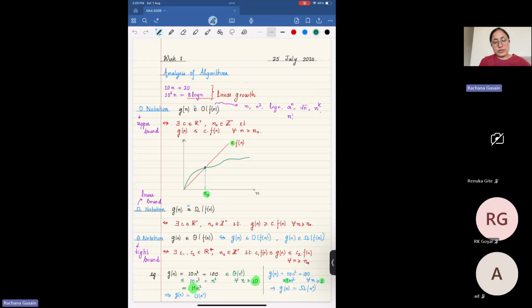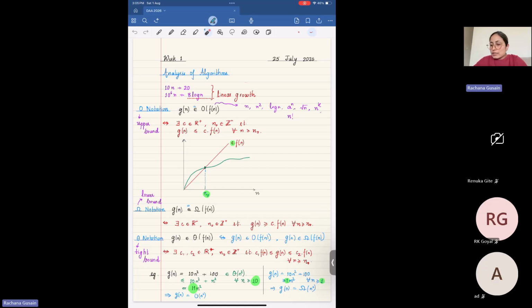Yeah, so welcome to the second session on the design and analysis of algorithms course. In the first week, we covered the basic notations, or rather the standard notations that we use to analyze an algorithm or a function.